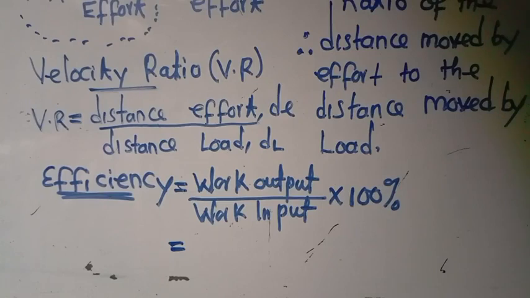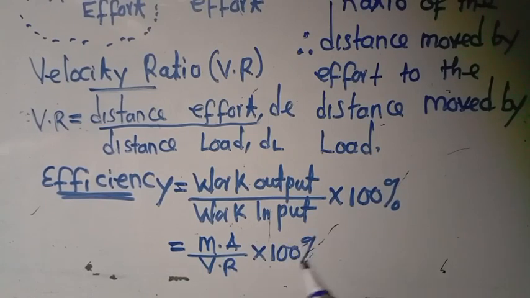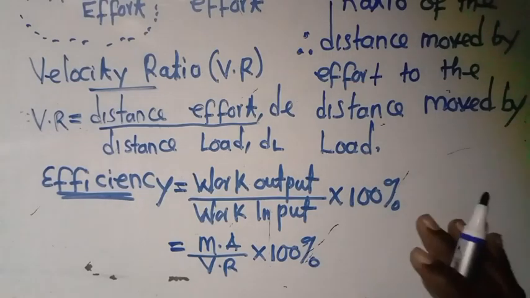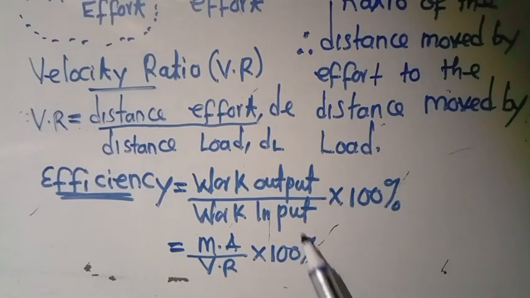To describe how well a device is able to work with minimum energy wasted, for a simple machine, efficiency can be expressed as mechanical advantage over velocity ratio multiplied by 100%. These are two formulas that you need to understand. Whenever we are talking about a simple machine, this is what you need to know.